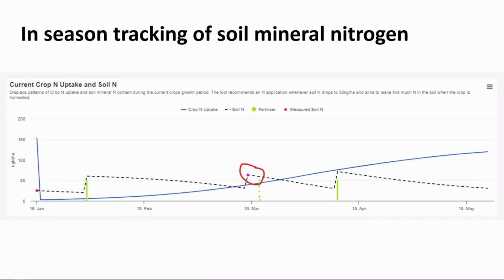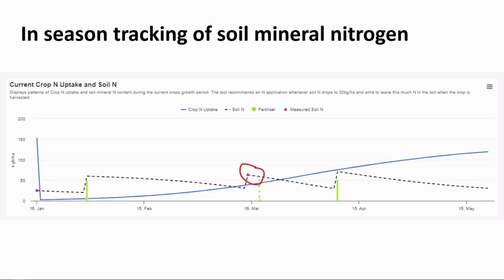Where Lauren's work came in is understanding, well, okay, not an average season, so what's happening in the current season. What we've shown here is an example where the soil nitrogen, that little dot, is higher than what the model expected. There could be a whole range of reasons for that.